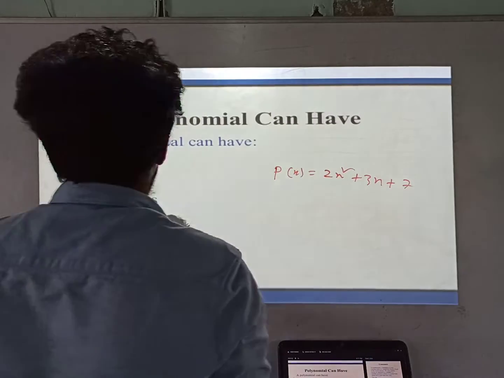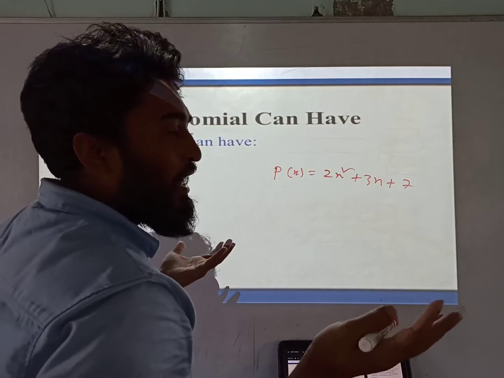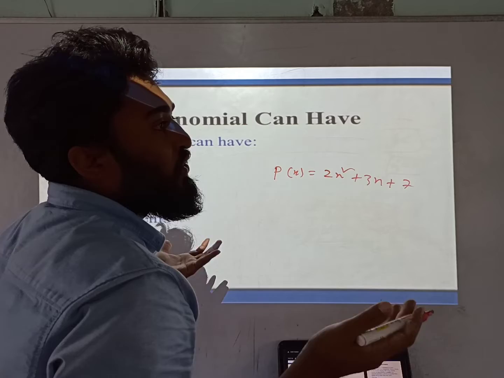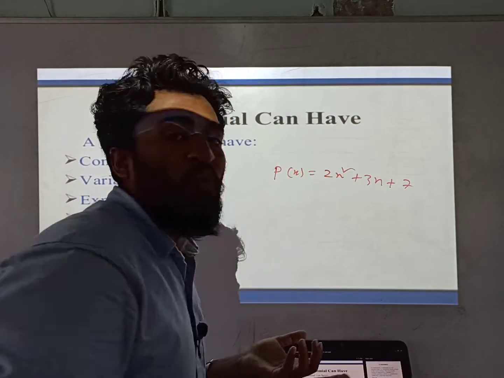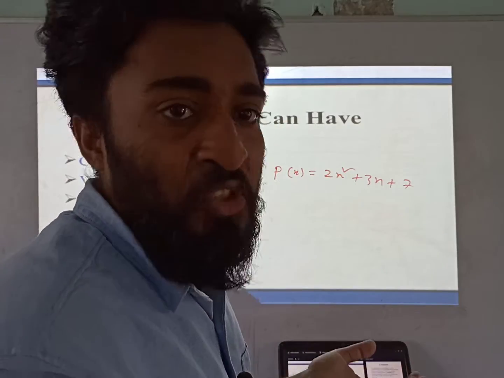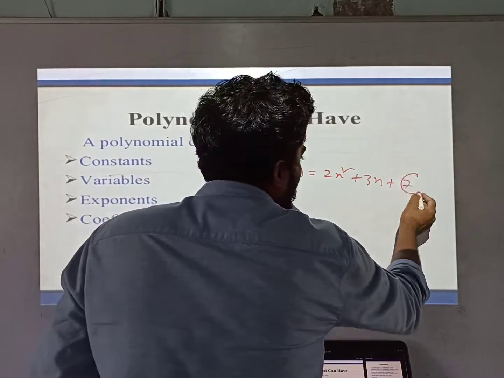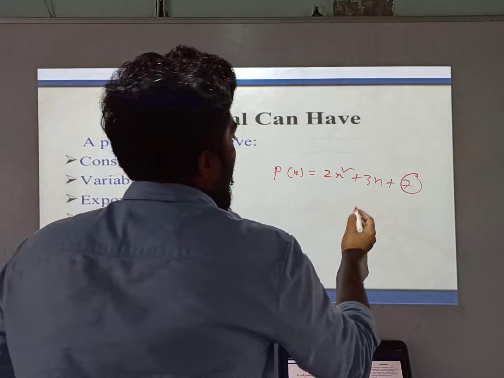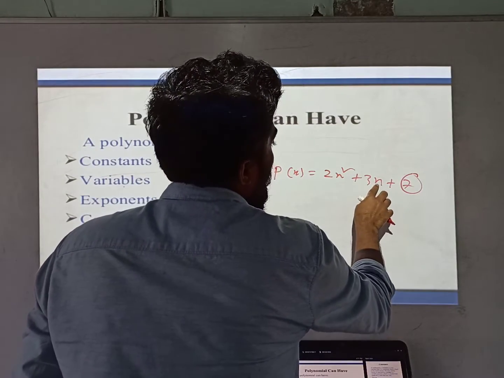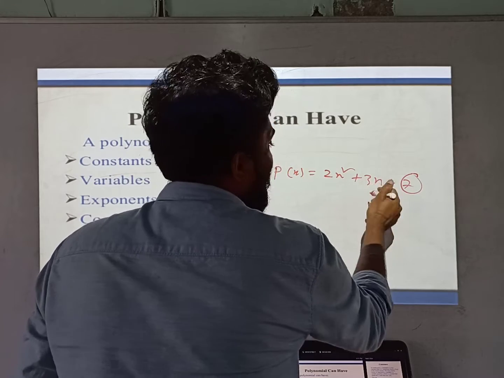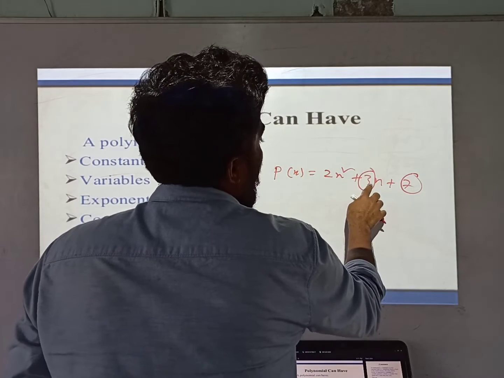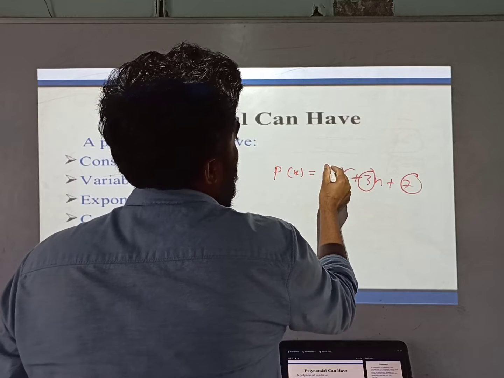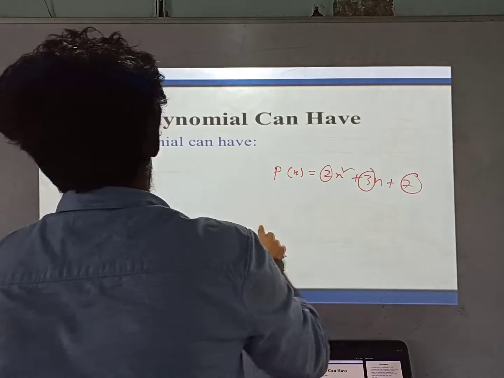Constants are numbers like 2, 3, 5, 7, which do not vary. So 7 is constant, and 3 is the coefficient of x, because 3 is multiplied with x. The coefficient of x square is 2. So 2 and 3 are the coefficients here.